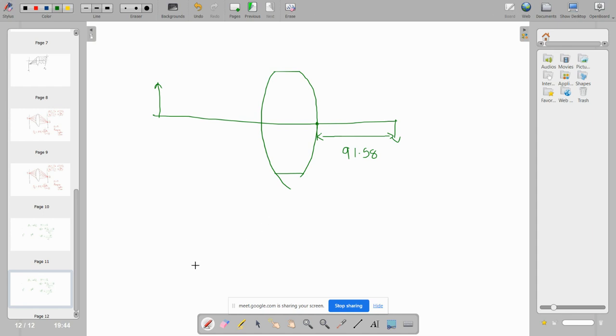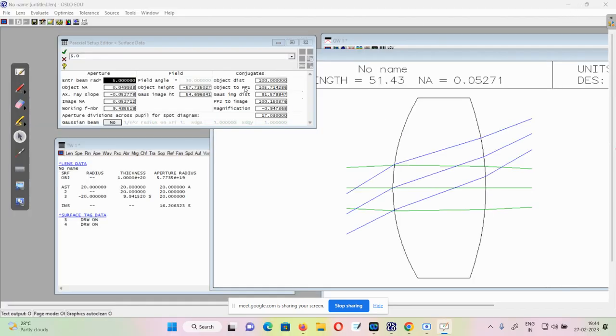And they are saying that for this particular imaging, from Oslo we are getting that PP2 to image is 100.15.